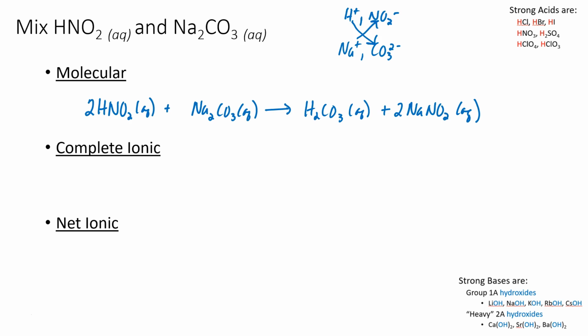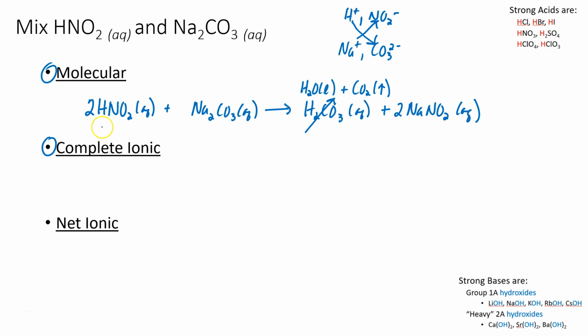But the special thing that I asked you to remember about carbonic acid is that it's unstable and rapidly decomposes into water and CO2 gas. So that's the molecular. Let's write the complete ionic. And again, you're asking yourself, do I dissociate any of these reactants and products?